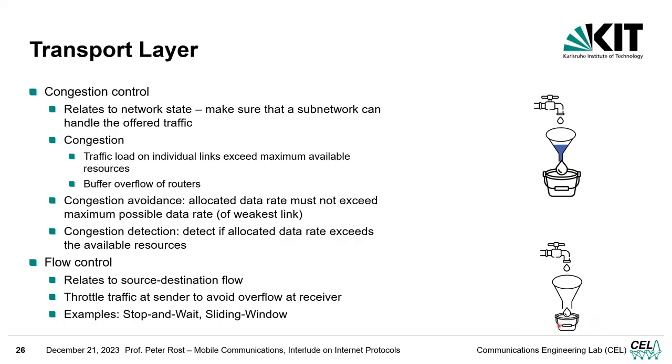So if we have, for instance, a device that is not capable of digesting and then processing the data at the speed that it has been provided by the source, then you would actually have to control the inflow to the network. That's where the name comes from. And for this, you typically have some stop-and-wait or sliding window protocols. Stop-and-wait typically rather on the data link layer, and sliding window then rather on layer 4, so TCP.